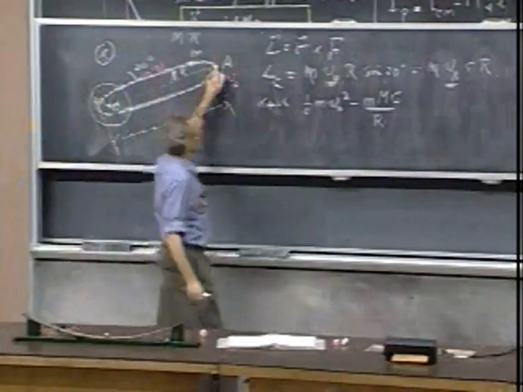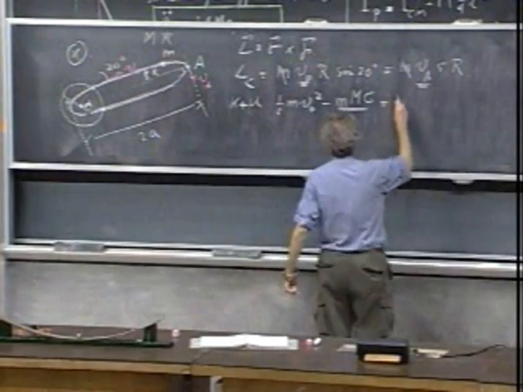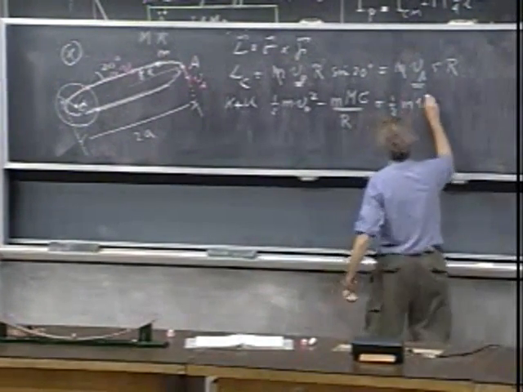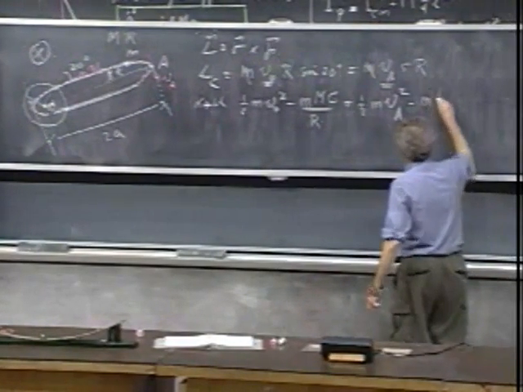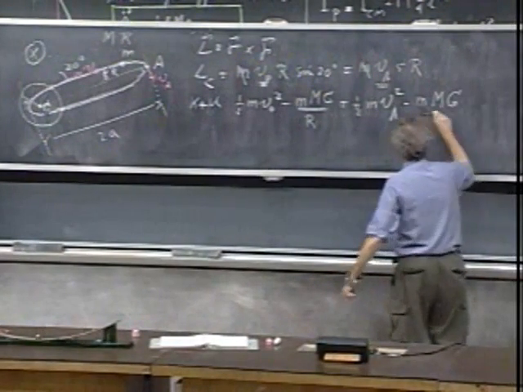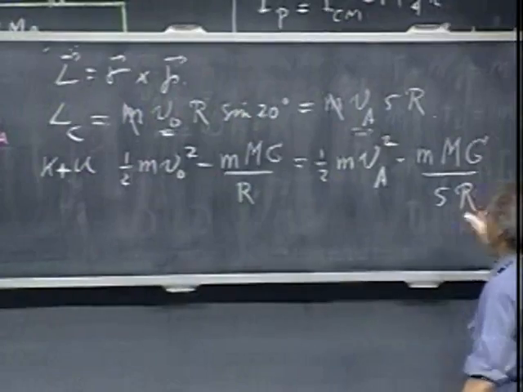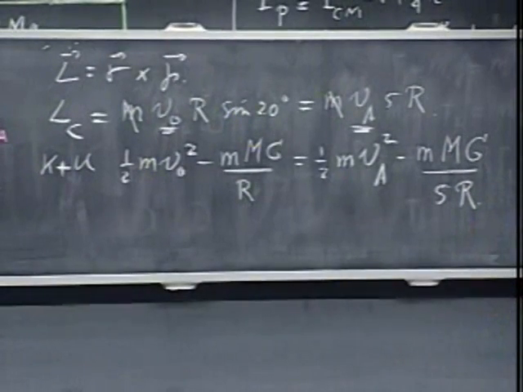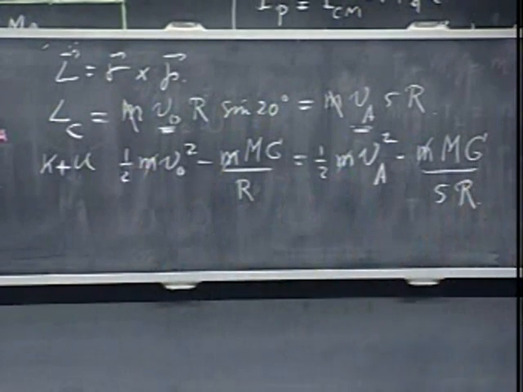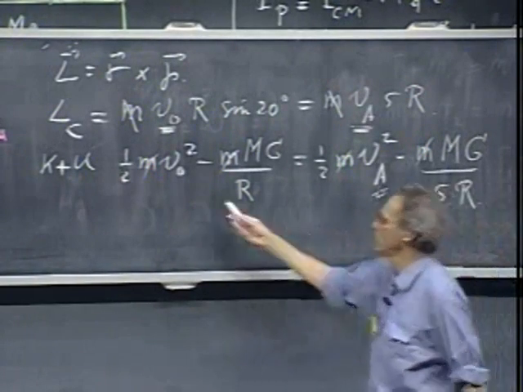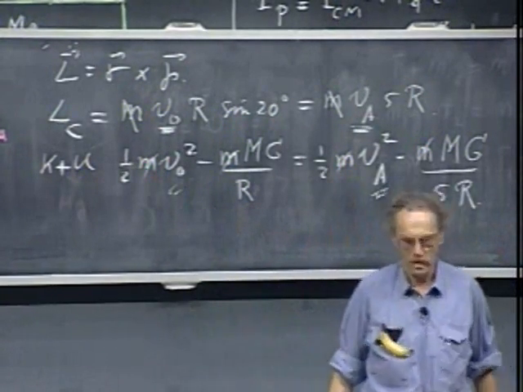The total energy here could not have changed, must therefore be 1/2 m va squared minus m mg, but now the distance equals 5r. Apart from the fact that I lose my little m, notice I have a second equation. I didn't add any unknowns, so I have 2 equations with 2 unknowns, v0 and v of a.